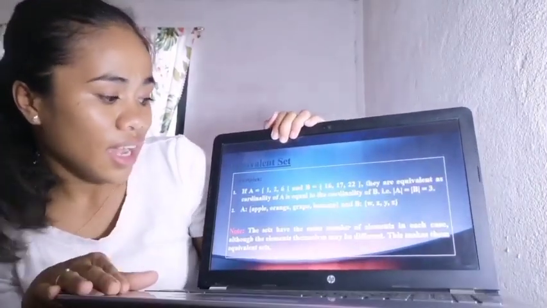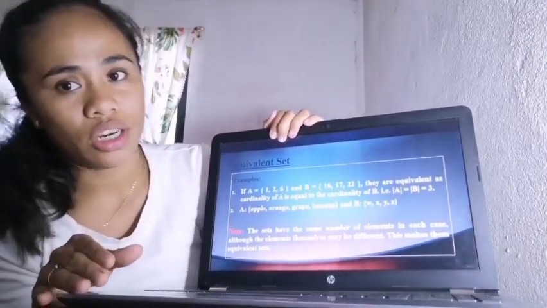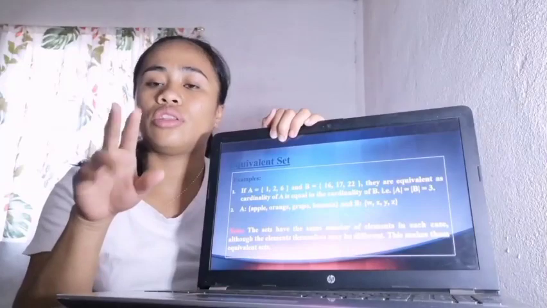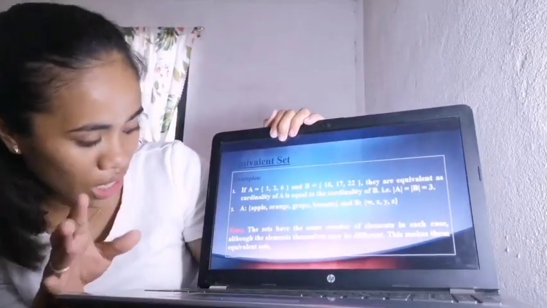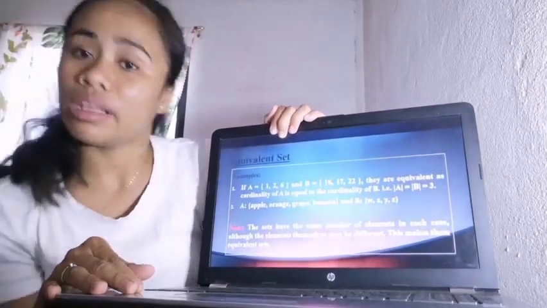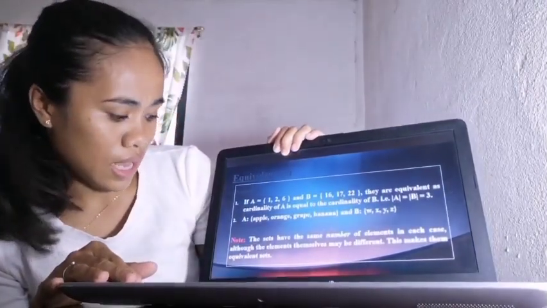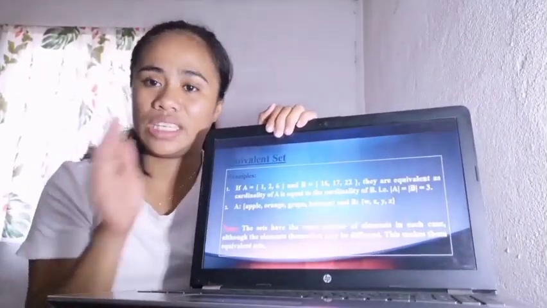So again, these two have the same number of elements in each case. Although the elements themselves may be different, this makes them equivalent sets.